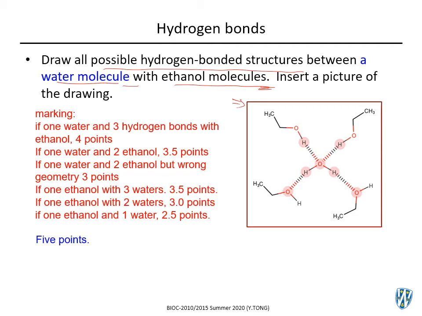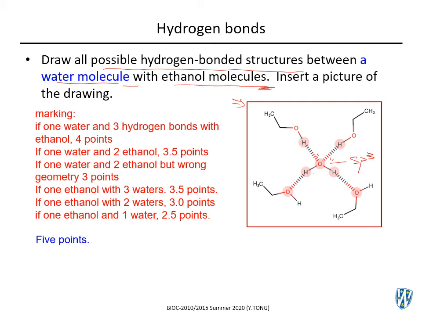But the first question you want to ask yourself is how many hydrogen bonds are possible to be formed between a water molecule and the ethanols. We know that the oxygen has sp3 hybrid orbitals, so it has two free electron pairs, and it also forms two covalent bonds with the protons. So basically, it can form 4 hydrogen bonds.